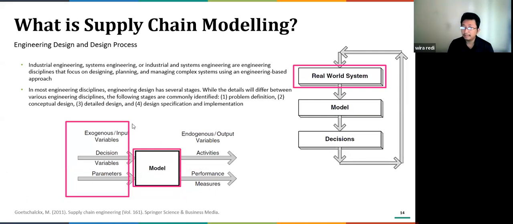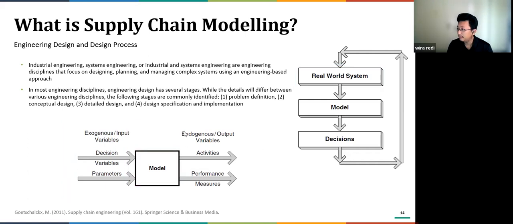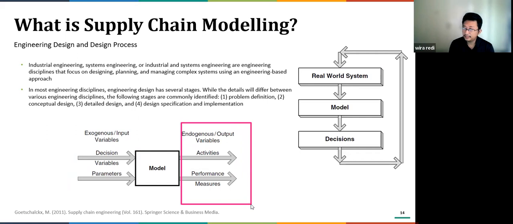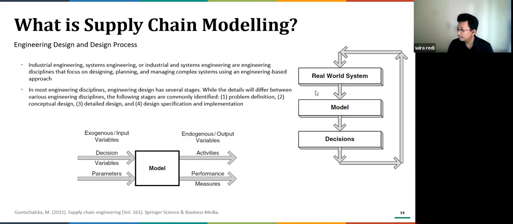Input can be in terms of parameters, or data that you generate or collect, and it will be used to determine the decision variables. Decision variables give us the output, or the suggestions that we provide to the decision maker. Here the input comes from the real world, and the output will be the decisions that we suggest to them. It's actually a closed loop.